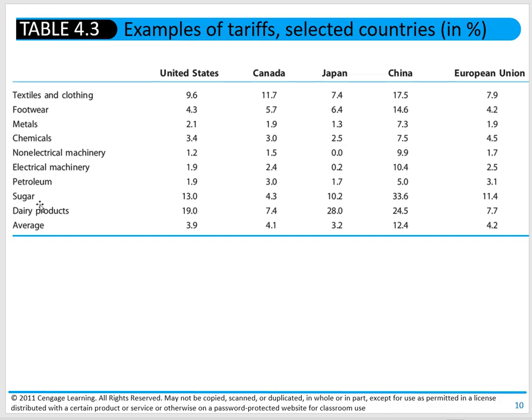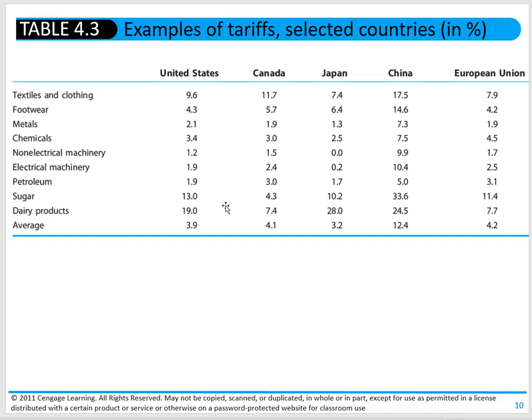Let's look, for example, at sugar. In the United States, the average tariff is 13%, Canada 44.3%, in Japan 10.2%, in China 33.6%, and the European Union 11.4%.